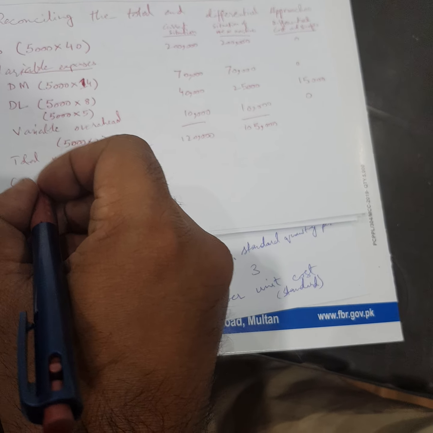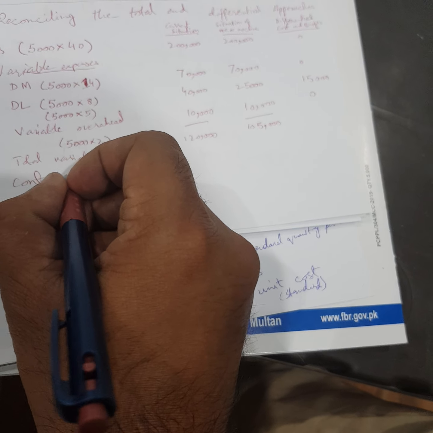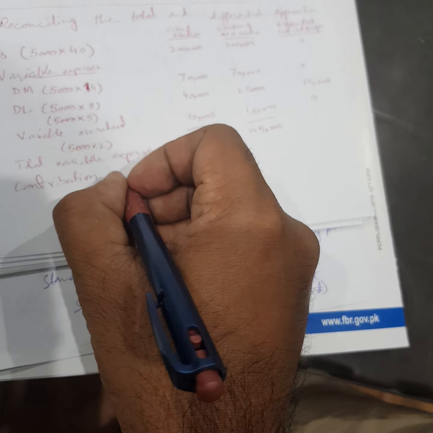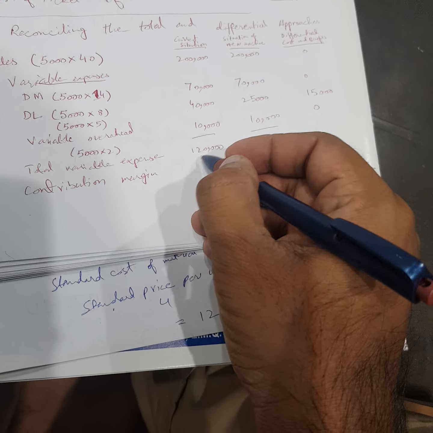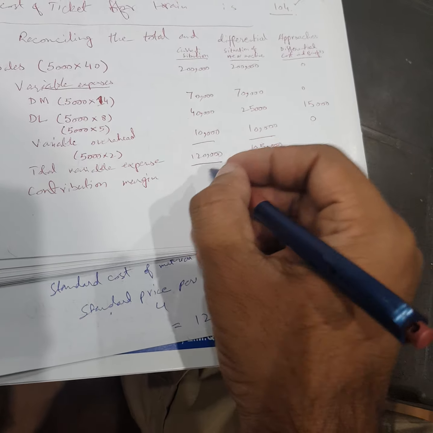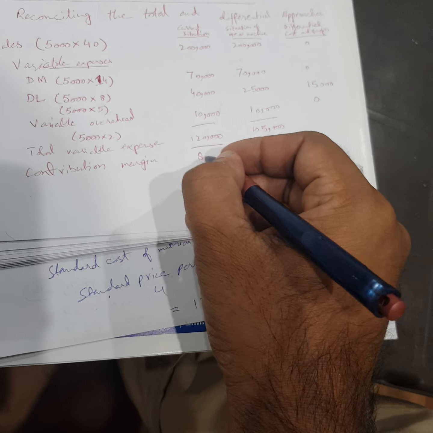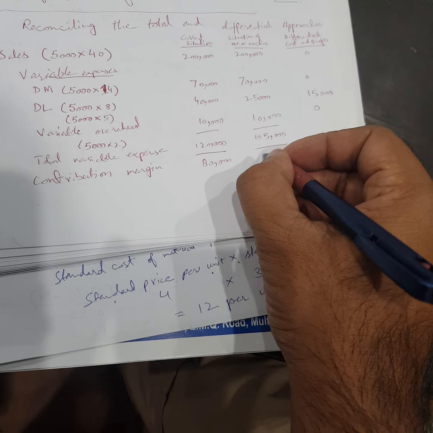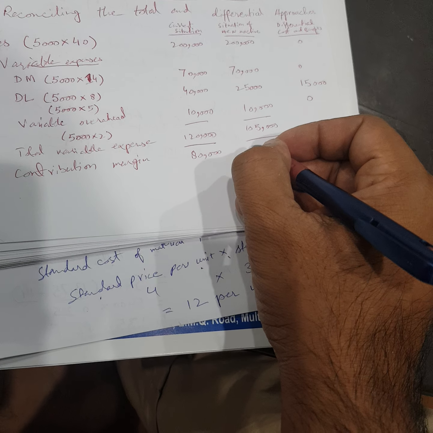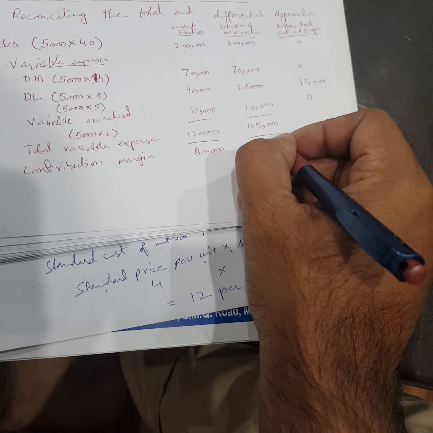Now if we want to calculate the contribution margin, our value will be 2 lakh minus 120,000, which is 80,000. And 2 lakh minus 105,000, our contribution margin amount is 95,000.